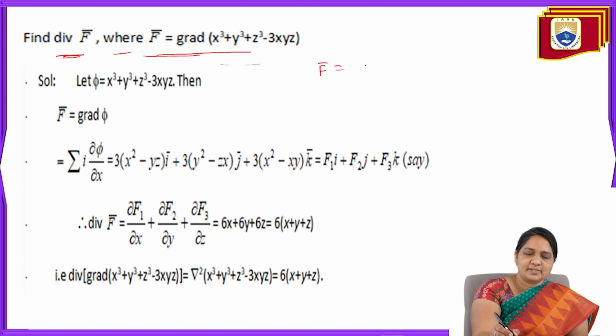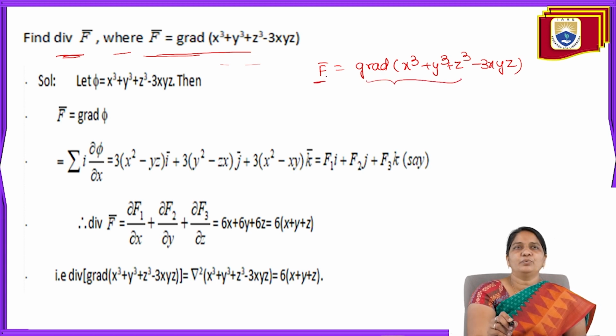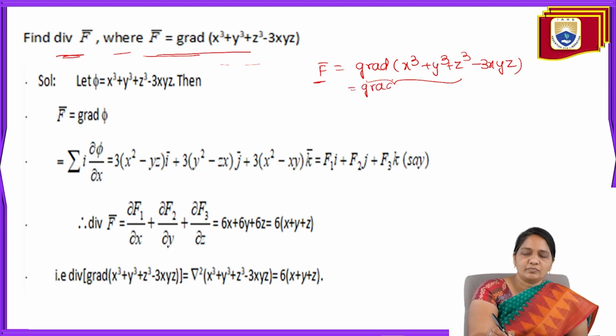So f bar is grad of x cube plus y cube plus z cube minus 3xyz. When you are finding the grad of this value, that will be equal to phi. So first I have to calculate the grad phi value. What is the phi? I am taking this one as phi.